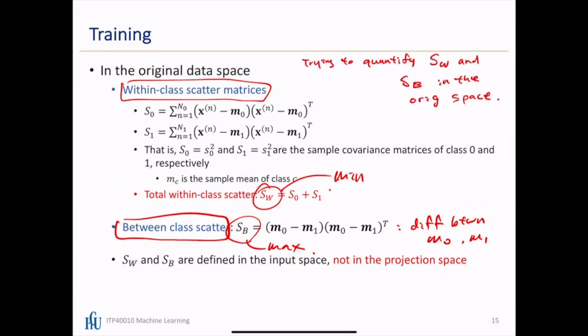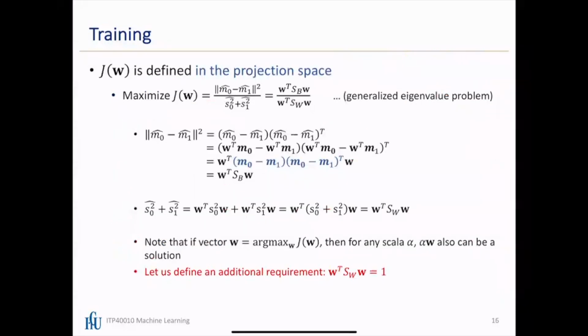And now we are talking about things in the projection space. The next step is to quantify the same concept in the projection space based on what we have defined. So let's move on to the projected space. In the projection space, we write down the same quantity J(W), but we are talking about things in projected terms: the projected mean, M hat, and the projected variance, S hat, which can be written down in this way.